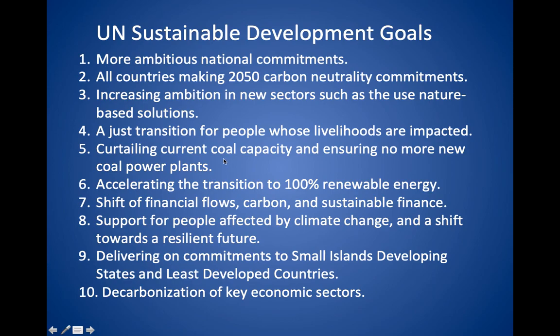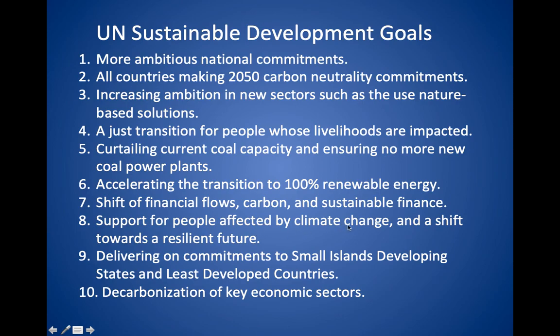Fifth would be curtailing coal usage. They want to stop anyone building new coal power plants. Six is accelerating the transition to 100% renewable energy. Seven is financial, so shifting financial flows from, you know, basically fossil fuels into renewables, pricing carbon, and also finding sustainable ways to finance that renewable energy.